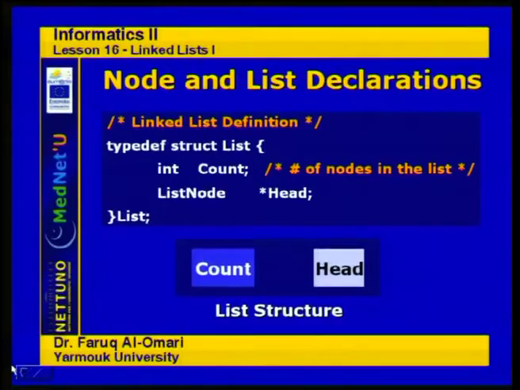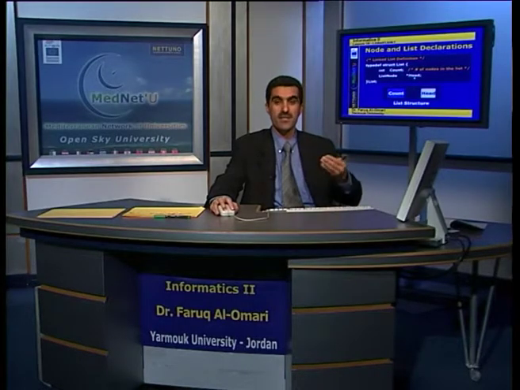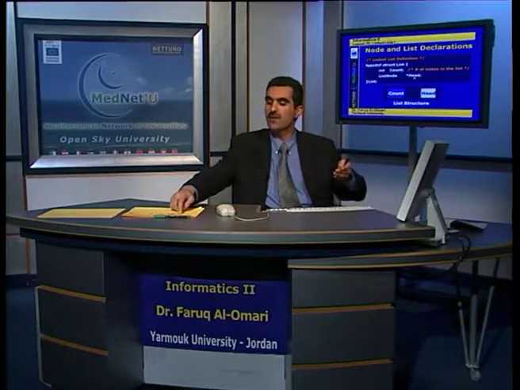This structure is something like this. It's called list, and it contains an integer called count, which is going to count the number of nodes in the list at any given time, and a pointer that points to a list node called head.